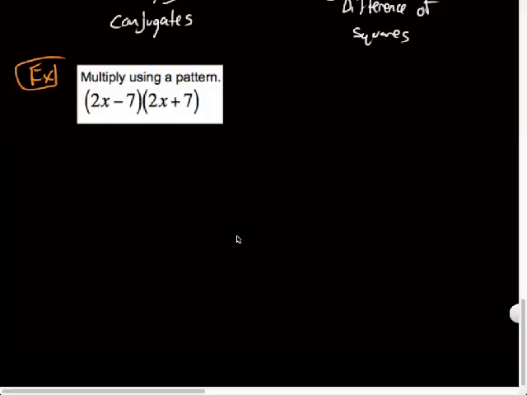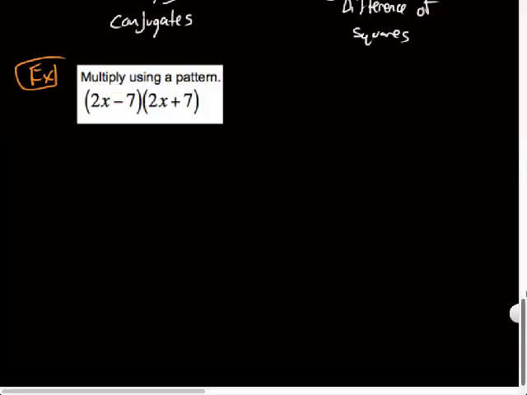So 2x minus 7 and 2x plus 7. I suspect those are conjugates. How do I know? Because there's a 2x here and a 2x there, there's 7 here and 7 there. They're not quite the same, not quite opposites. It's just the middle sign that was different.